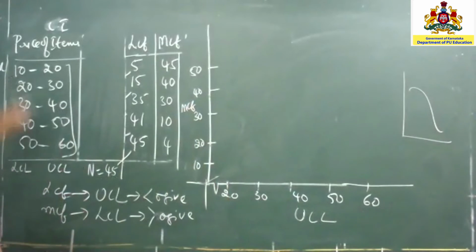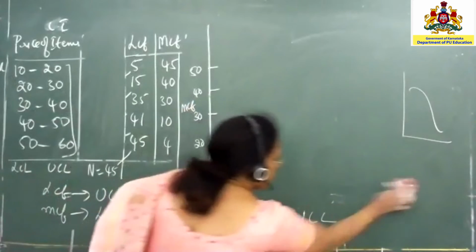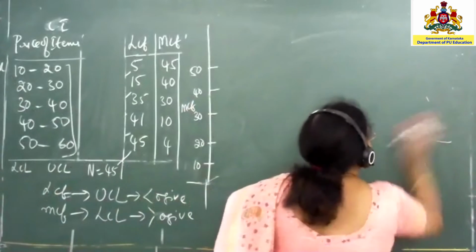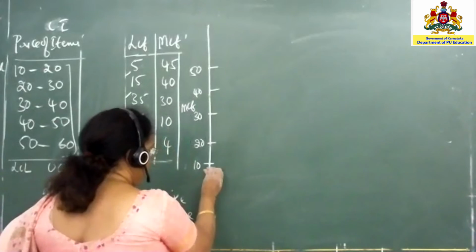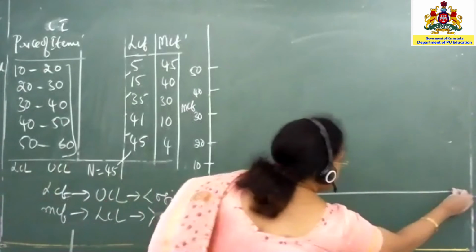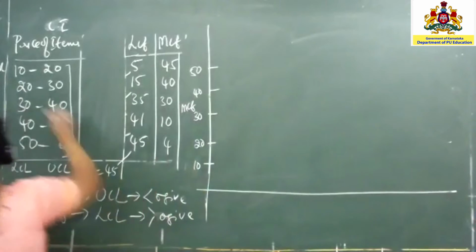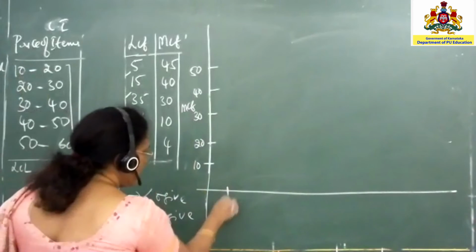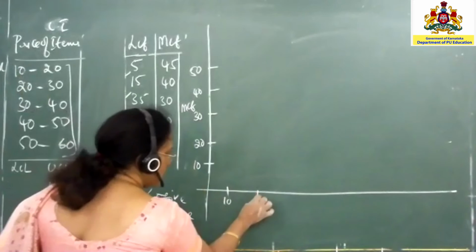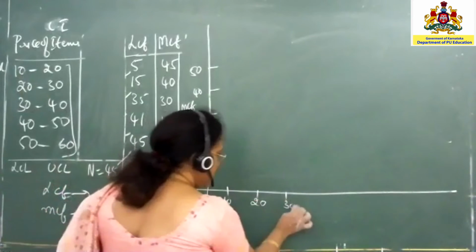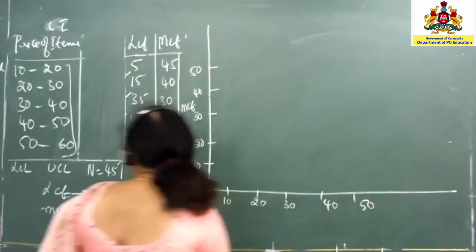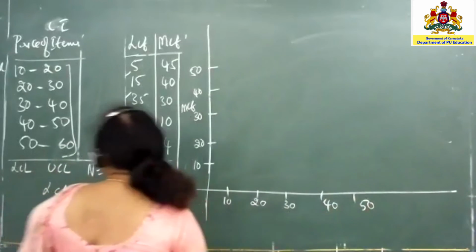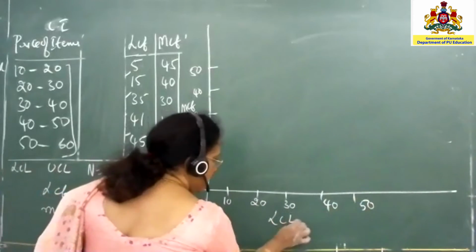You have to start from 10. Now you can take the lower values. So one is 10. Next is 20, 30, 40 and 50. Now what are these numbers now? So these are our LCL values.